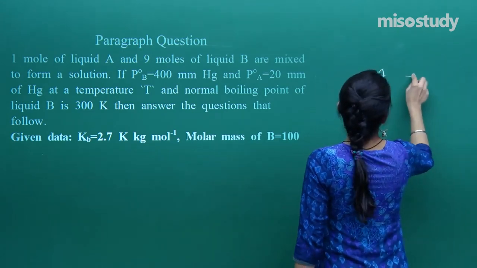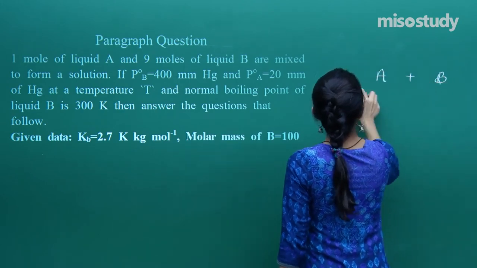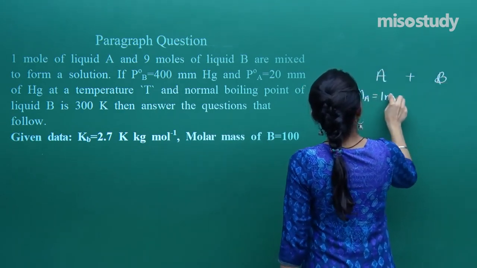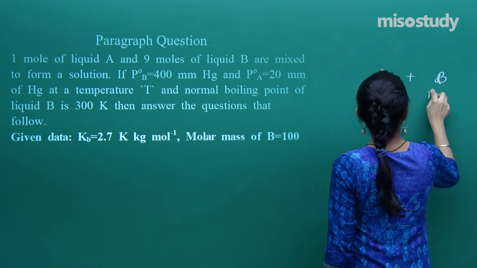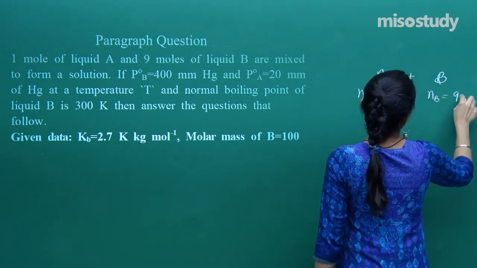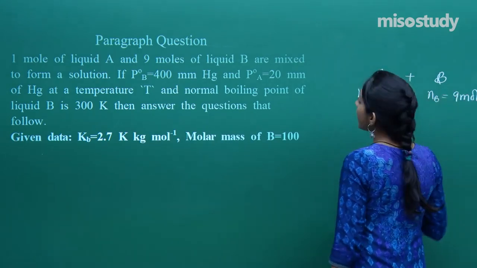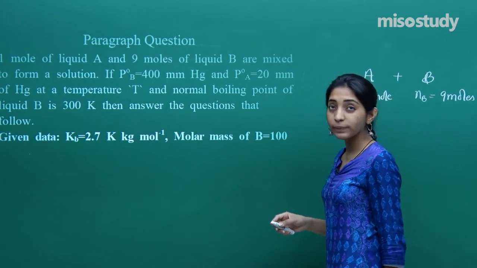So, 1 mole of liquid A and 9 moles of liquid B are mixed to form a solution.